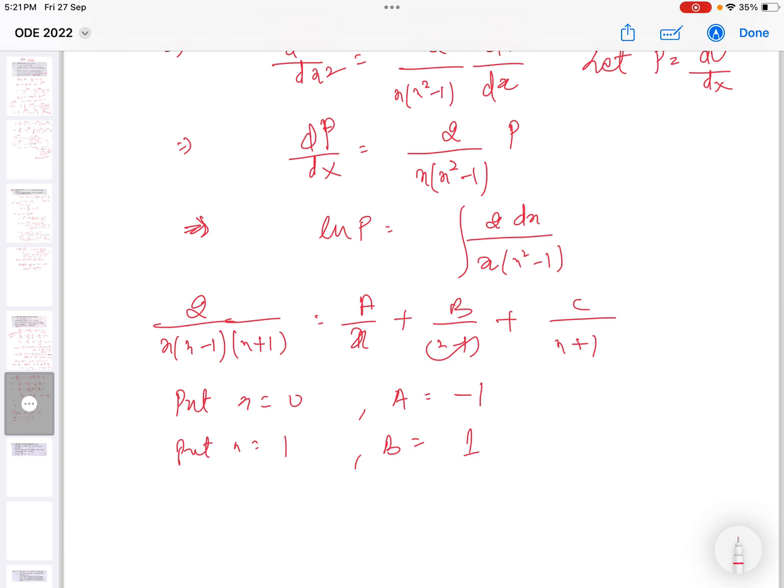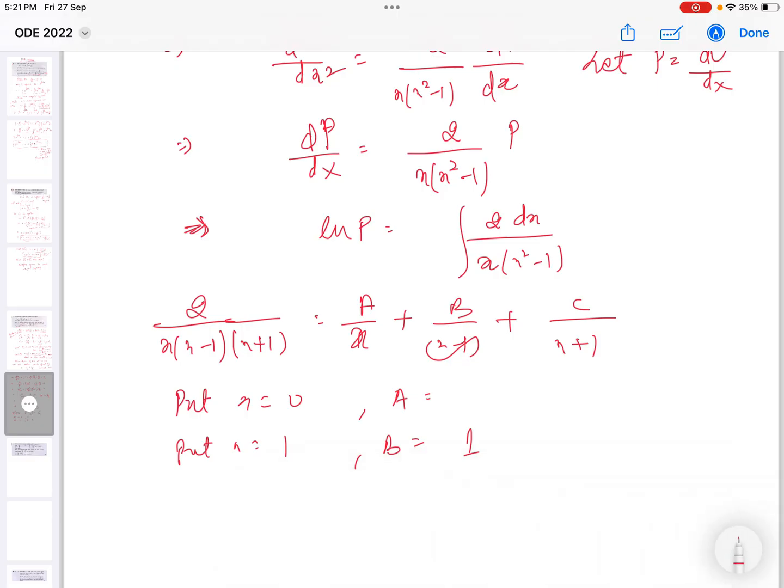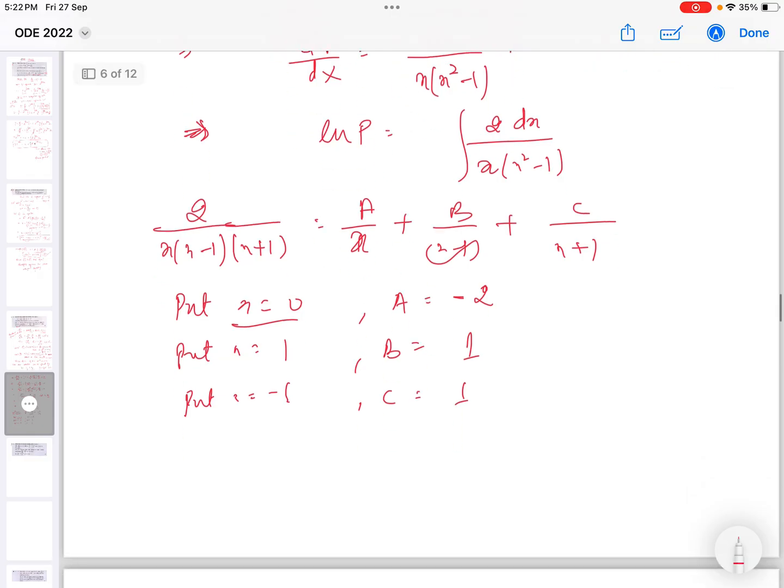If we put x equals to, sorry, here it is an error. If we put x equals to 0, then a would be minus 2. If we put x equals to minus 1, c will be 1. So the entire equation becomes like that.